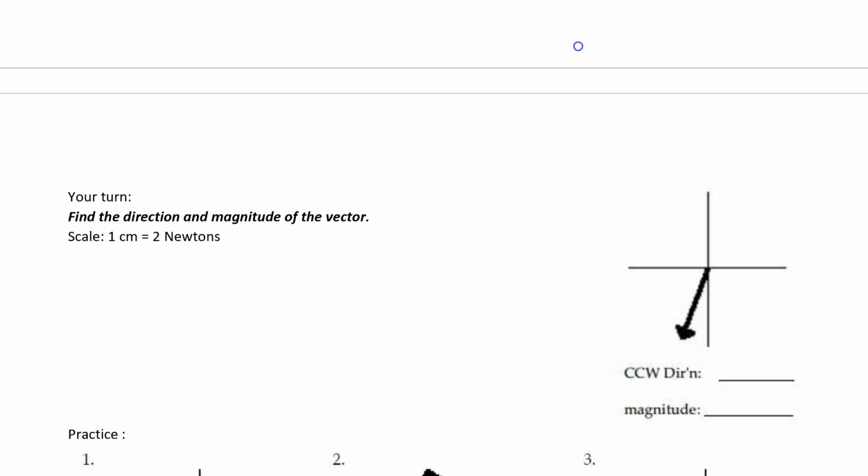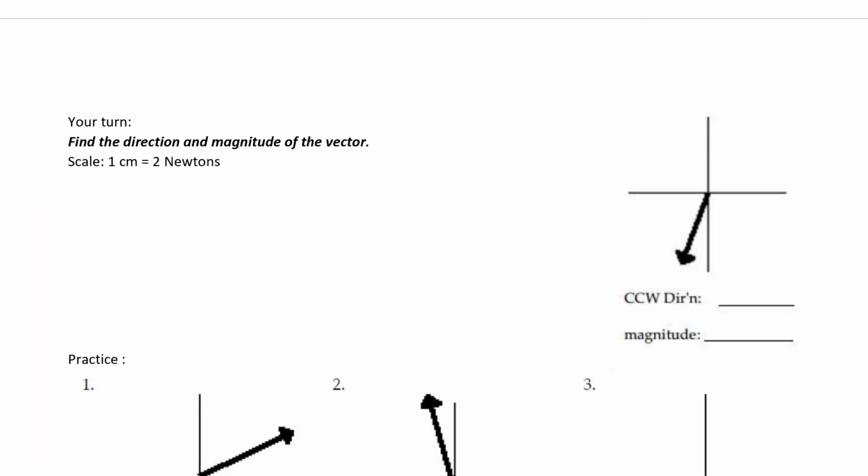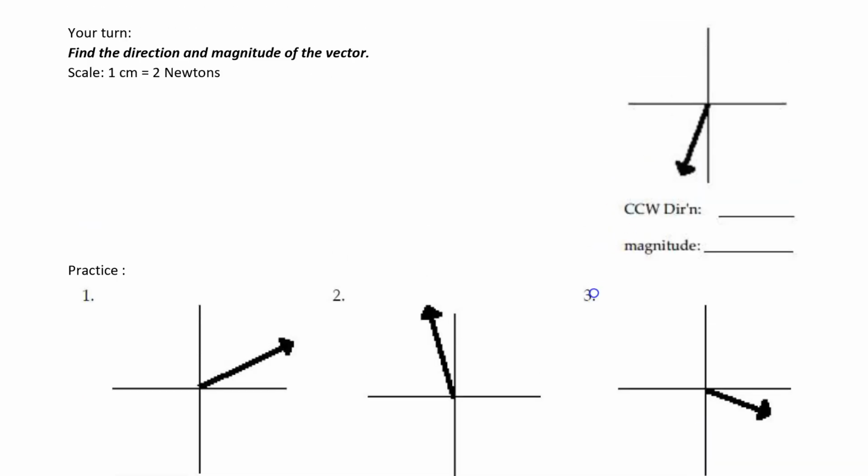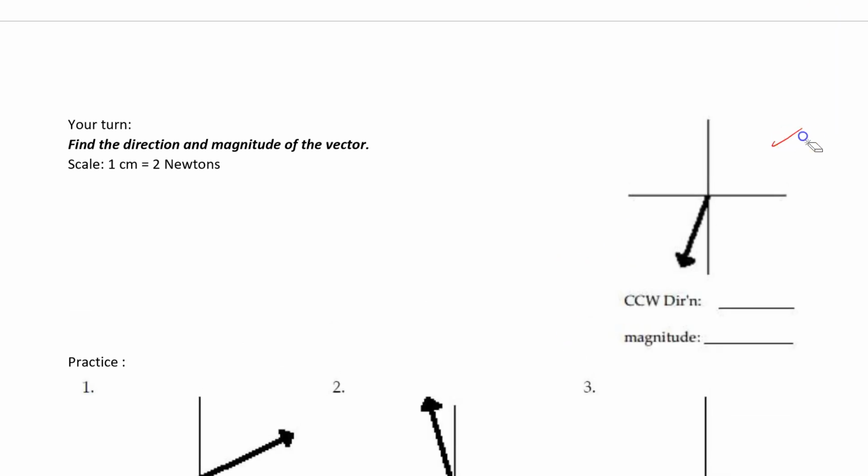Okay, your turn. I want you to find the direction and the magnitude of the vector. You know what? I'm going to do this example, and then I'm going to get you to do the 3 practice ones underneath. So for this one, here is a scale diagram, and it says a scale is 1 centimeter to 2 meters.